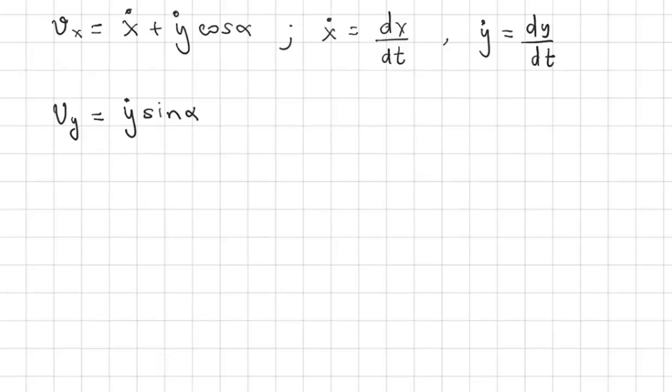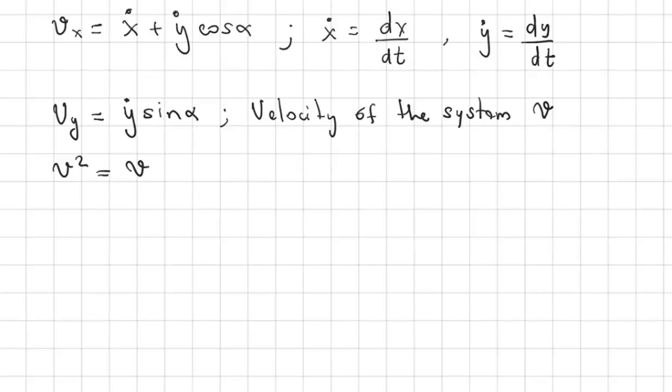So we know that the velocity of the system is going to be v, and v squared is going to be Vx squared plus Vy squared.